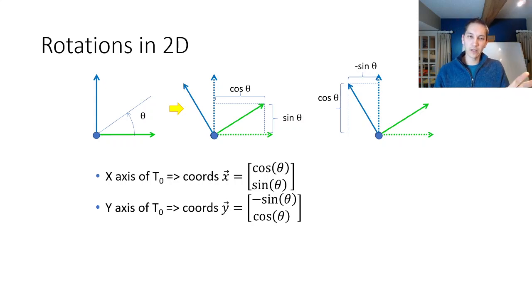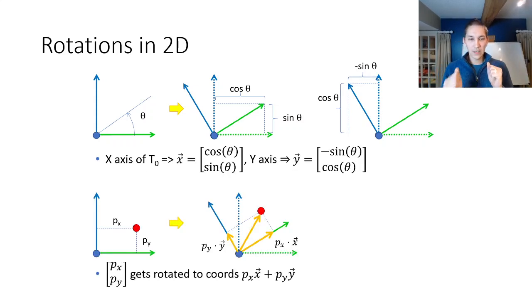Once it's rotated, it now has coordinates given by the x vector cosine theta, sine theta, if you just remember your elementary geometry. The y-axis has coordinates negative sine theta, cosine theta. So from these two coordinates of the new x and y axes, we can then compute how the points in this coordinate frame t0 are transformed after getting to frame t.